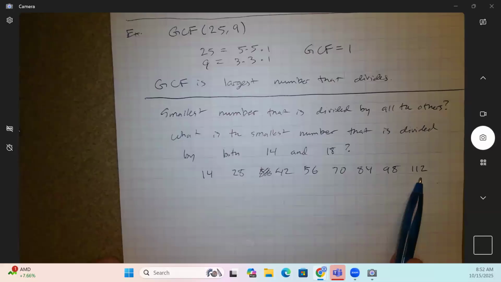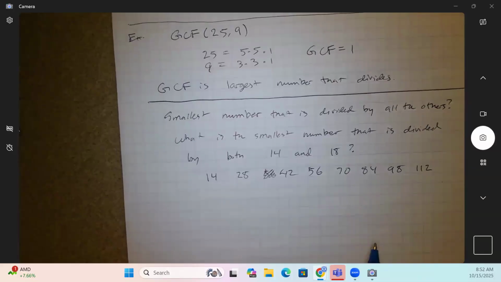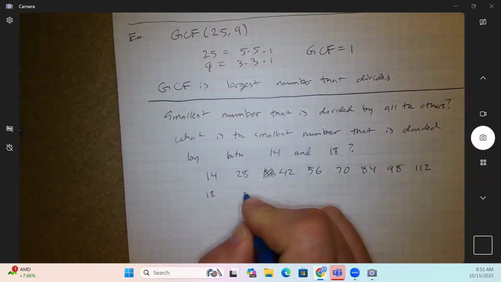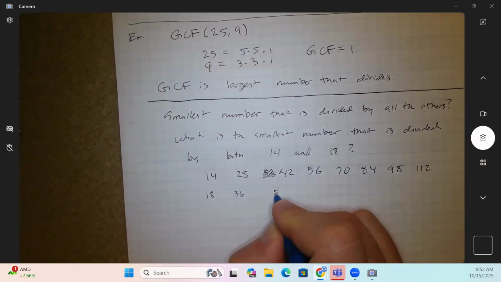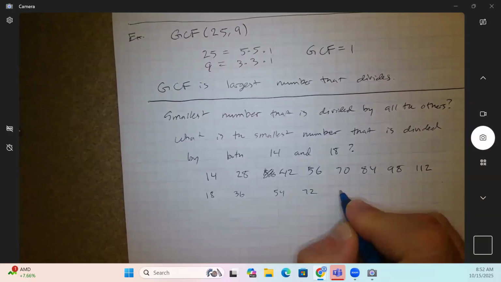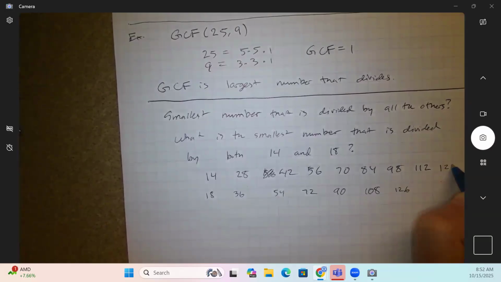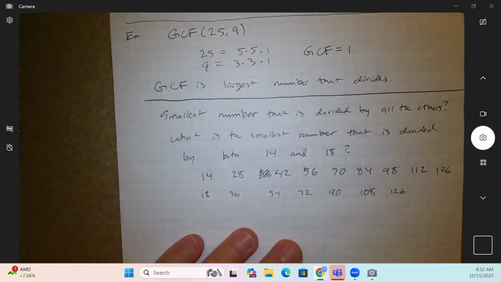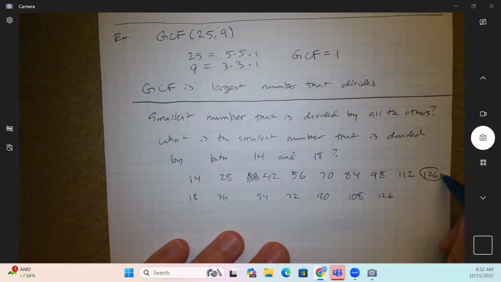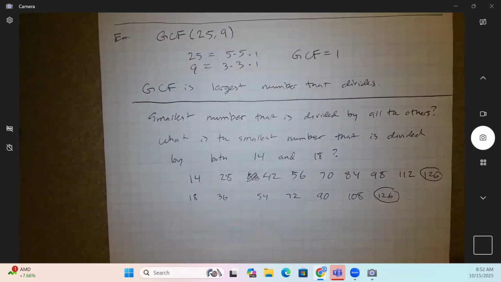But I don't know if any of these are divided by 18. The numbers that are divided by 18 are 18 and 36, 54, 72, 90, 108, 126. Oh, wait a minute. There we go. 126. That's the smallest number that's divided by both 14 and 18.